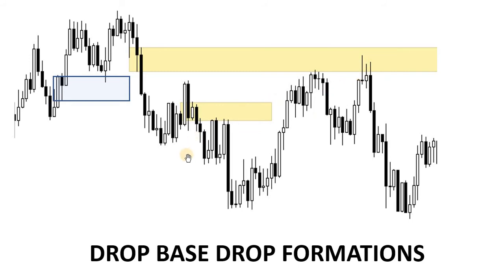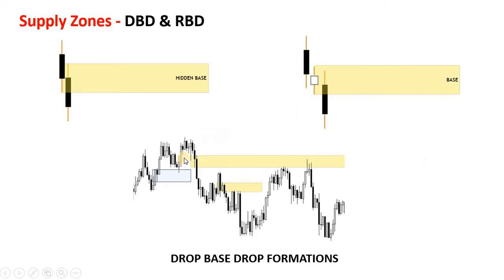So that's just an example we're trying to show. The main focus, like I said, is to tell us that when we see things like this, it's also very important. And how do you mark it? The low of the previous candle to the high of the preceding candle. We form the base most of the time.